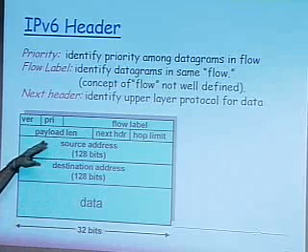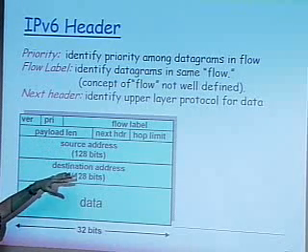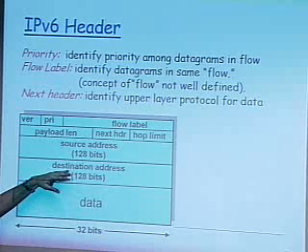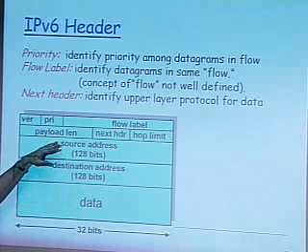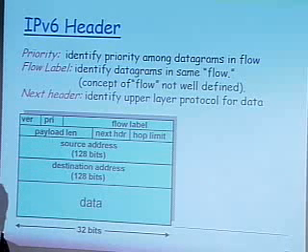The source address is 128 bits, the destination address is 128 bits, up from 32 bits. Do you see anything missing here from the IPv4 header? Options, well, so the options are missing, so that makes it a fixed length header.